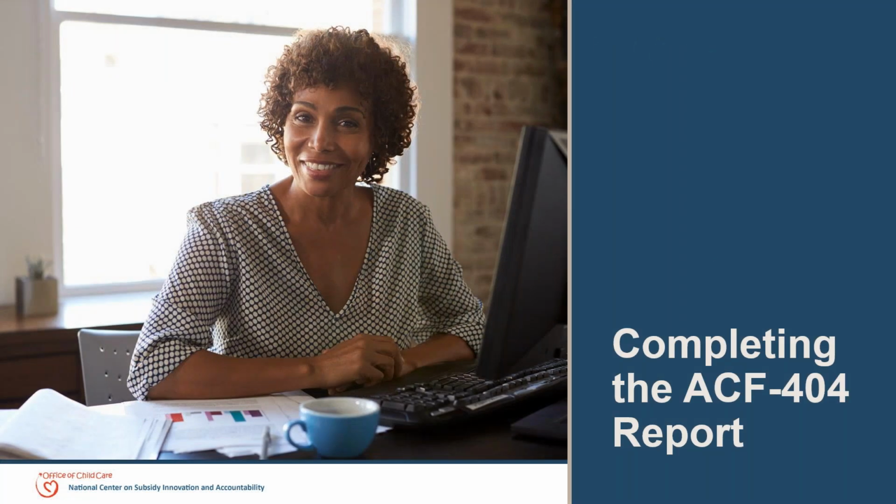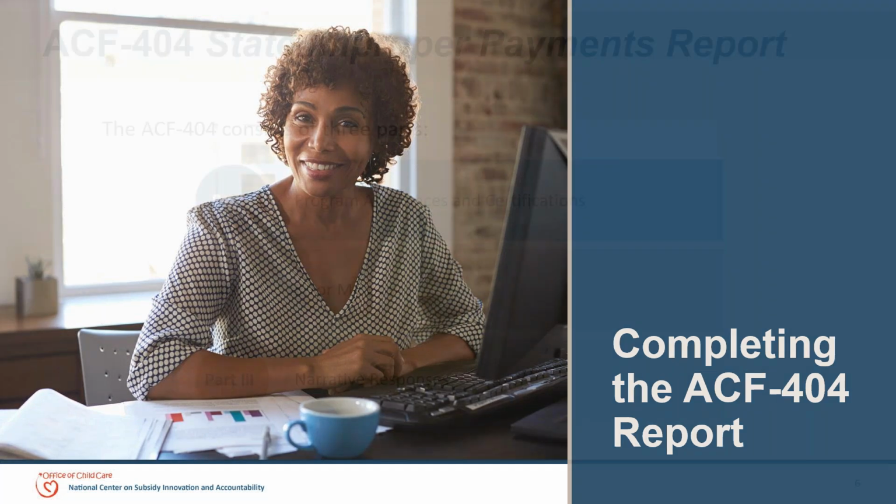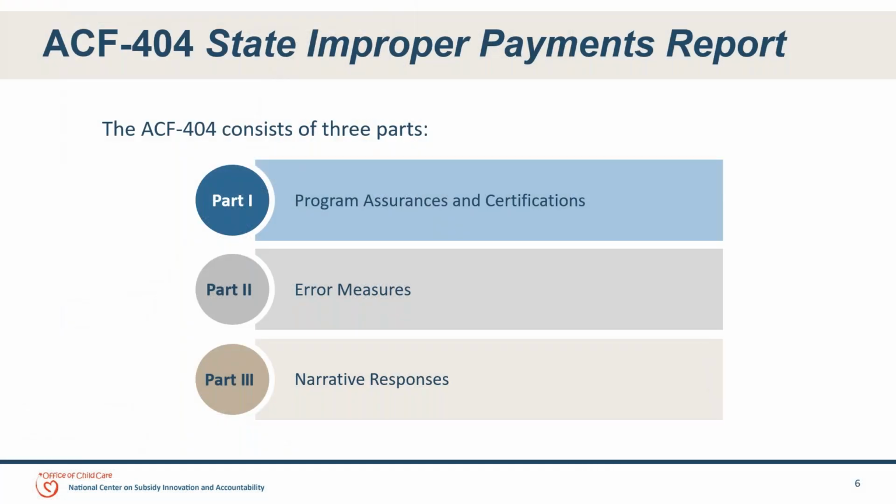All right, let's get into the main part of our webinar, which again is on completing the items in the 404 report. The 404 report, or State Improper Payments Report, consists of 3 parts. First is the program assurances and certifications.